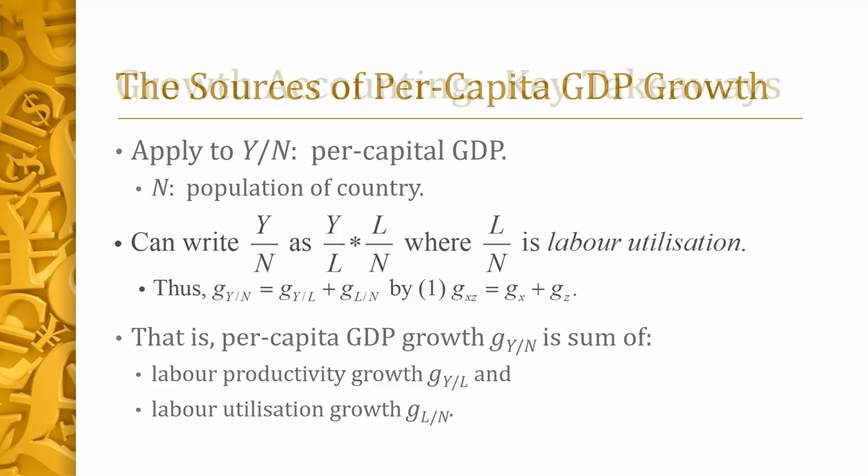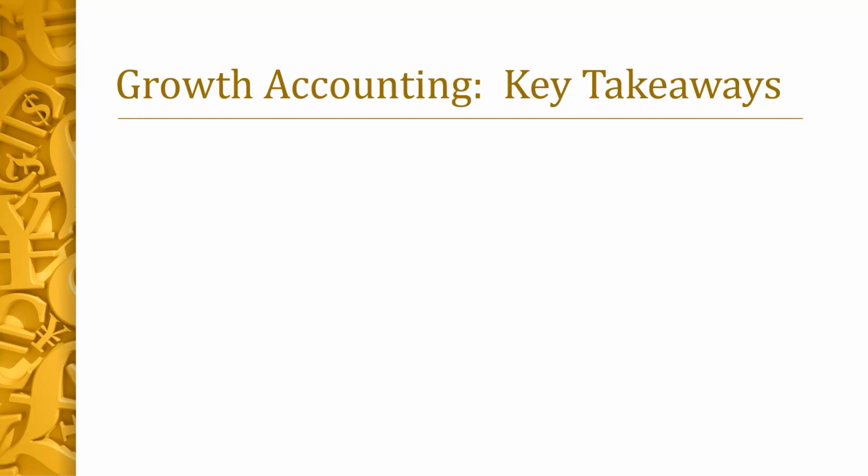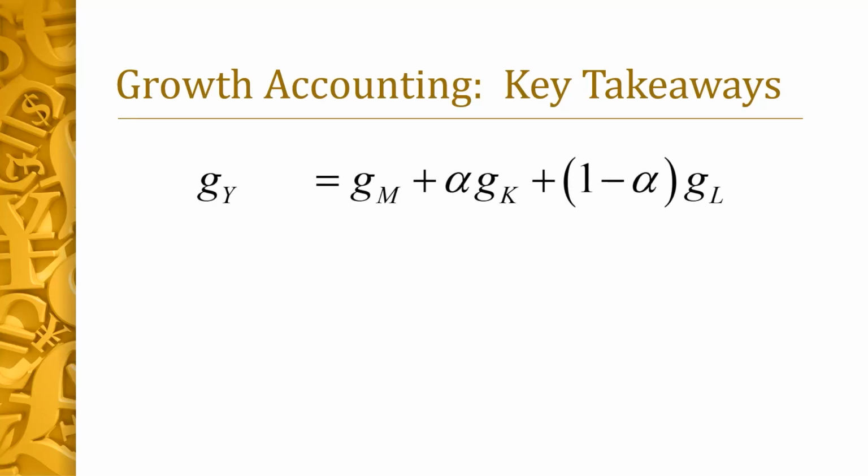We now collect the 4 takeaways from our study of growth accounting. First, output growth is the sum of MFP growth, the contribution of physical capital growth, and the contribution of labor hours growth. Second, labor productivity growth is the sum of MFP growth and the contribution of capital deepening.